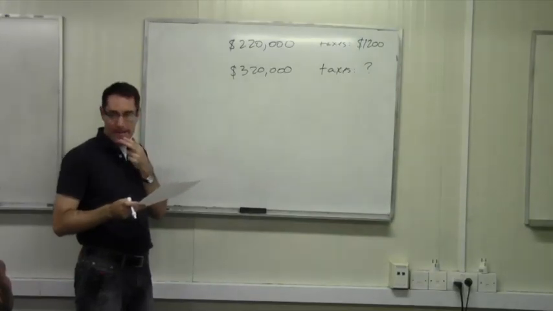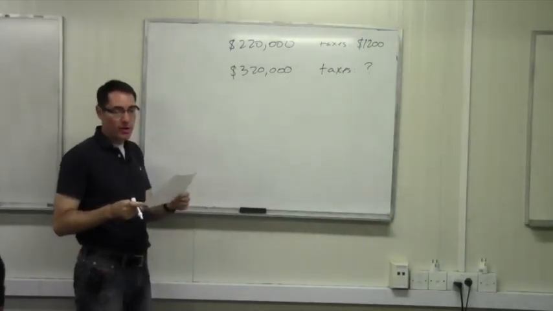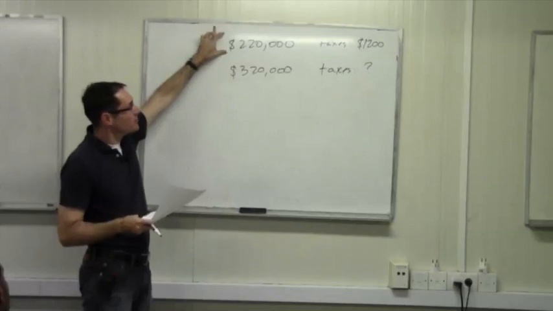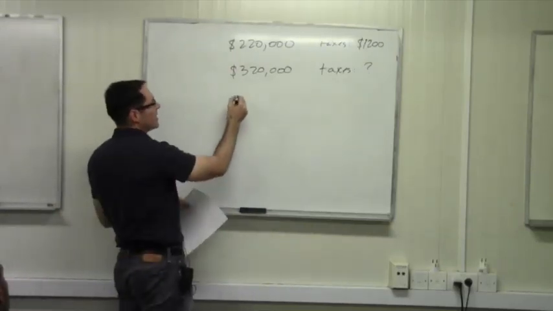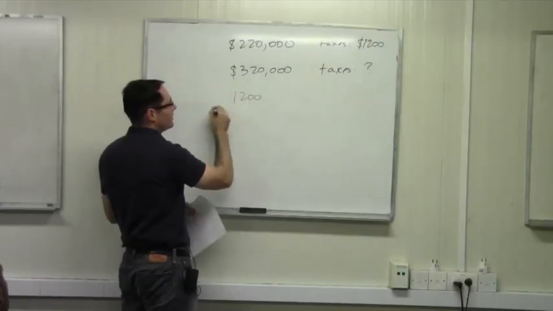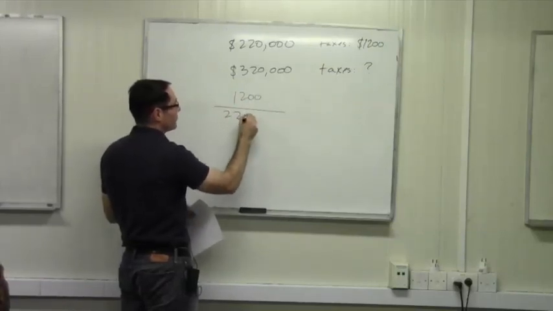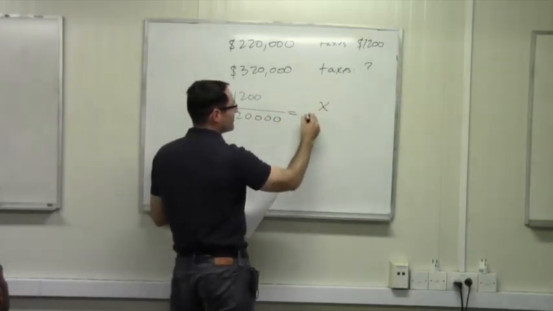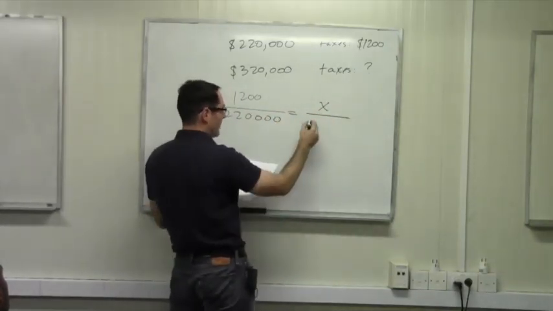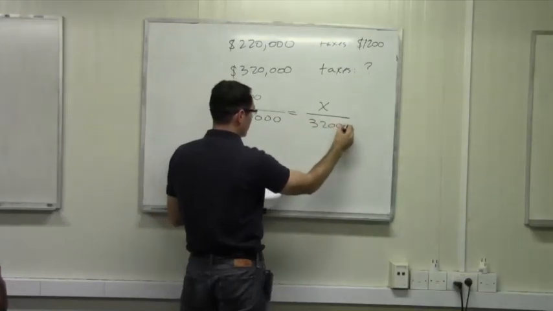Okay? This is where we just do a ratio. The ratio of taxes for this house is going to be the same as the ratio of taxes for this house. And so we could say 1,200 divided by 220,000 equals some value of taxes that we don't know divided by 320,000.